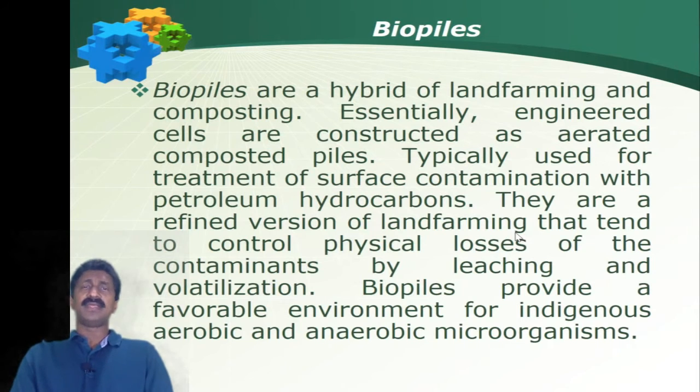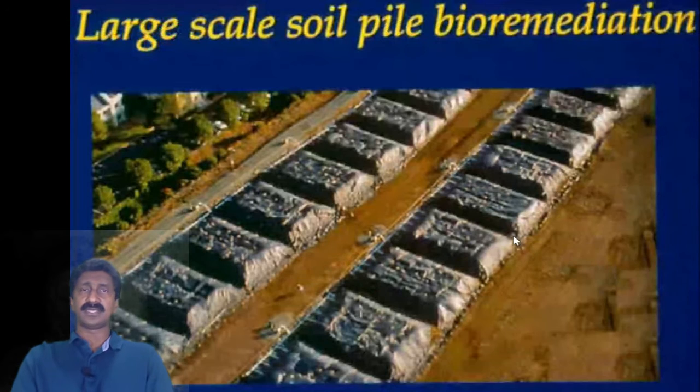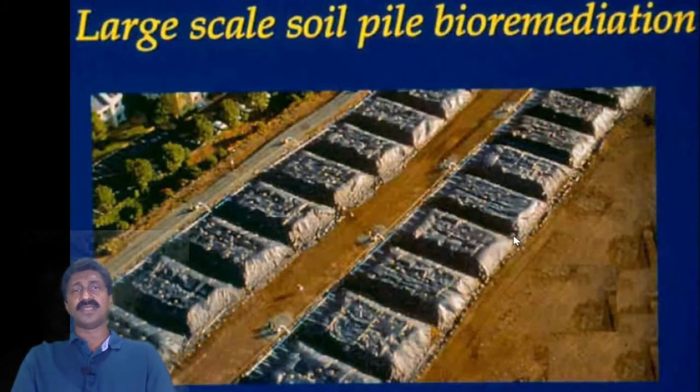Then biopiles provide a favorable environment for the indigenous aerobic and anaerobic microorganisms. So this is the idea of biopiles. I will show you a picture. This is a soil biopile for bioremediation in which multiple compartments of treatment sites were set up.